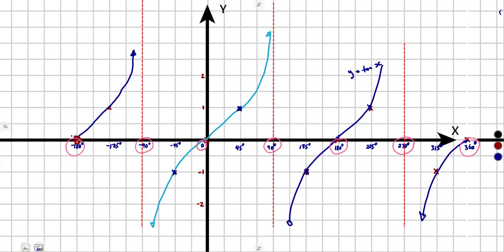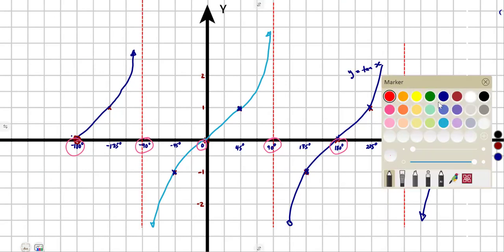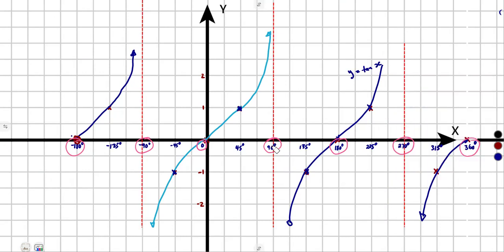So this is what I want you guys to understand. What was happening at 0? Originally, we can see that there was a point at 0 there. It is what we now have on the spacing of 90 degrees.